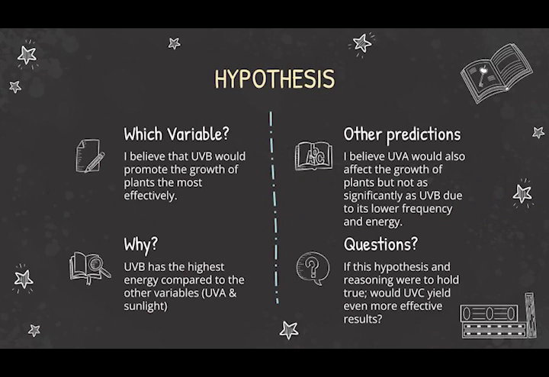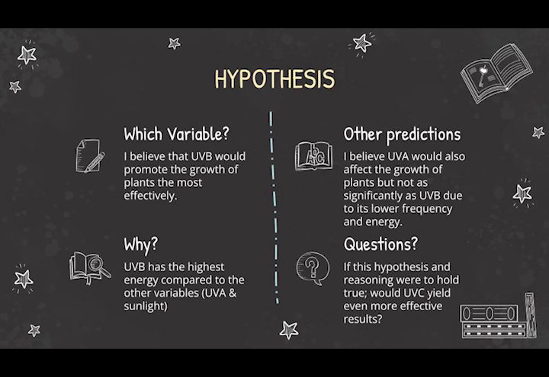Experiments. Hypothesis. Which variable? I believe that UVB would promote the growth of plants most effectively during my experiments. Why? UVB has the highest energy compared to the other variables, UVA and sunlight, and due to photosynthesis's endothermic properties, a higher energy wave such as UVB would increase the rate of reaction, in turn the plant's rate of growth.